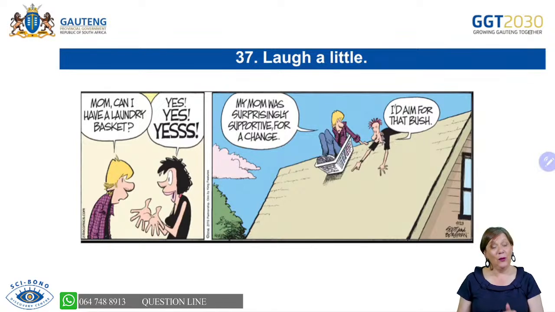Now, we can ask you in the exam if you find this funny. And it is funny because obviously Jeremy's not using the laundry basket for what it should be used. But you can also say, no, it's not funny, because Jeremy can get really very hurt. I mean, if you're on a roof with a laundry basket, obviously you're going to get hurt.